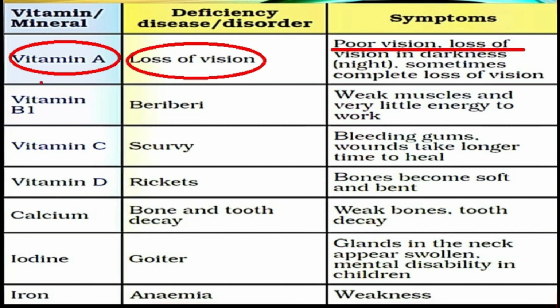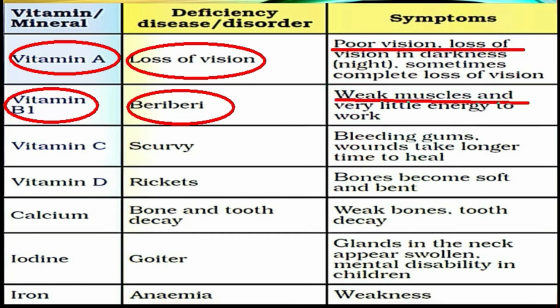The next one is vitamin B1, and deficiency of vitamin B1 in our diet causes beriberi. Students, it is a disease in which the muscles become very weak and we get very little energy to work.